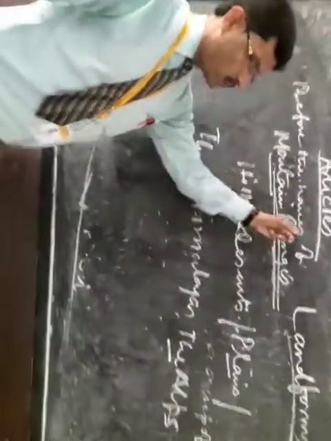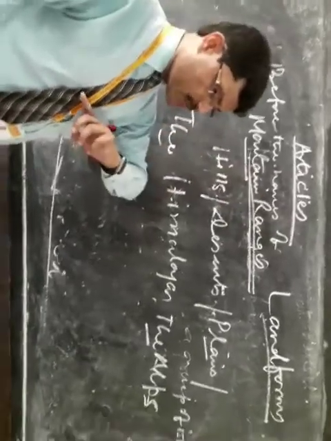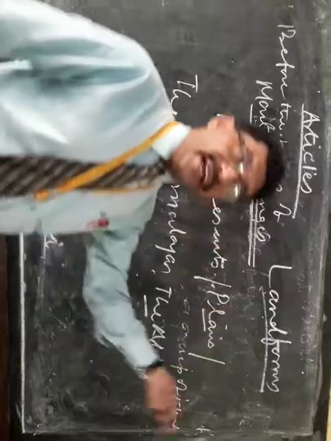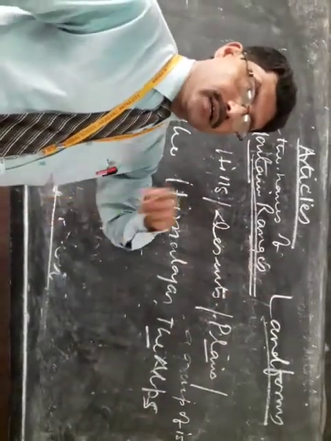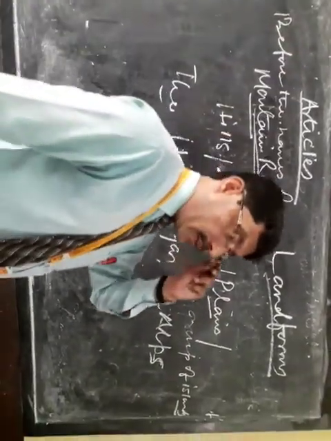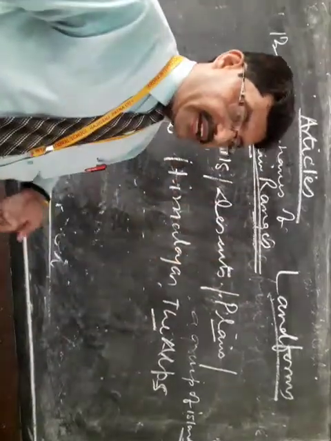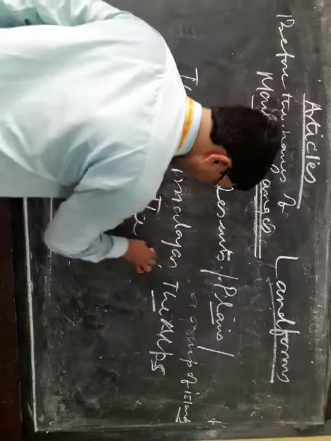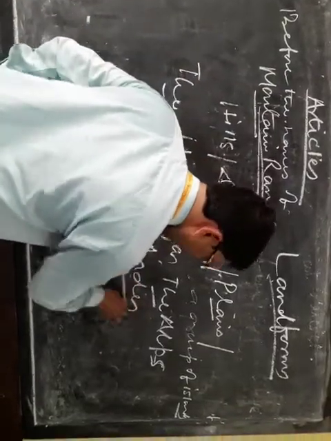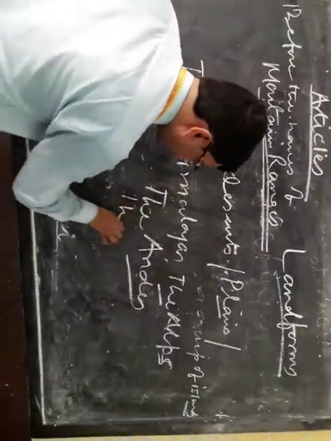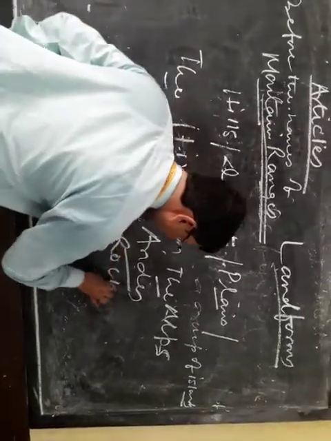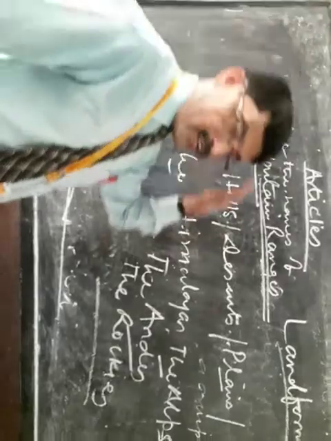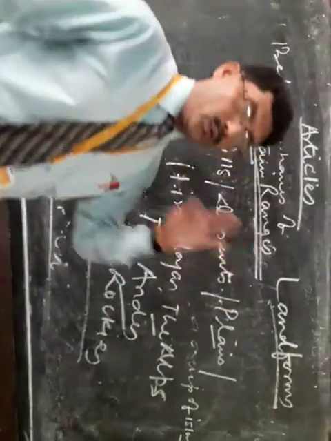So before mountain ranges or chains of mountains, we use the Himalayas, the Alps, the Andes, the Rockies in America. The Andes, a chain of mountain ranges, the Rockies, mountain ranges. We use the article the before chains of mountains or mountain ranges.